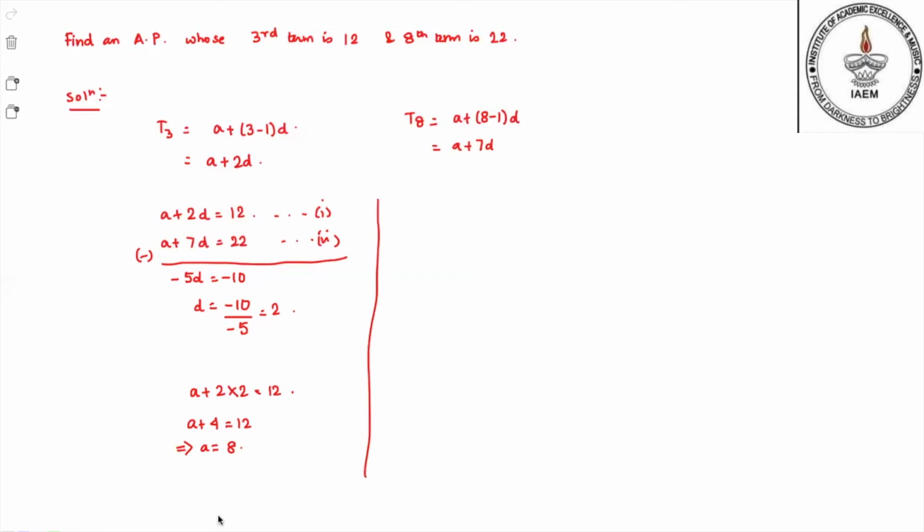So if the first term is 8, then the series, the question is find an AP. So the series would be 8, then 8 plus 2, 10. The third term is already given as 12. Fourth term will be 12 plus 2, 14, dot, dot, dot, 22, dot, dot, dot.